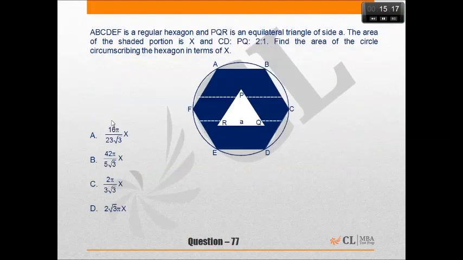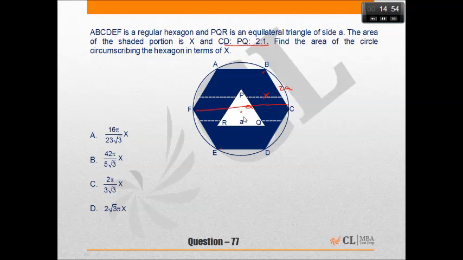Area of the shaded region, find the area of the circle circumscribing the hexagon in terms of x. Okay, this I think I can do. So CD is to PQ is 2 is to 1. So if this is A, this will be 2A. If the area of the shaded portion is x, this is A, this is 2A, and this is nothing but 6 equilateral triangles out here.